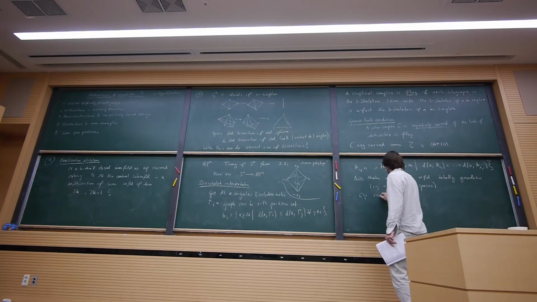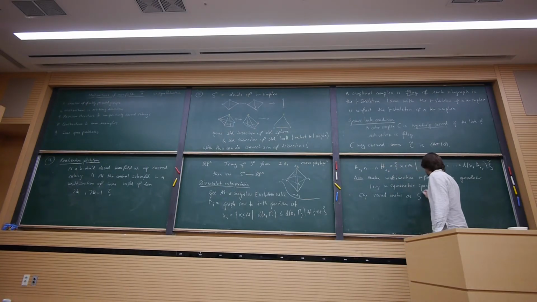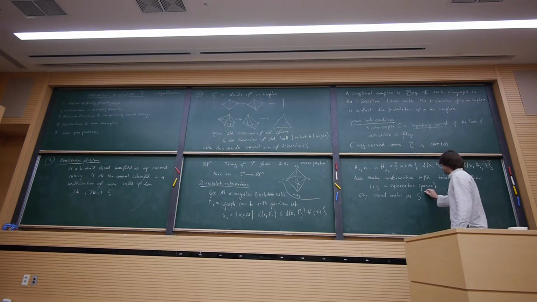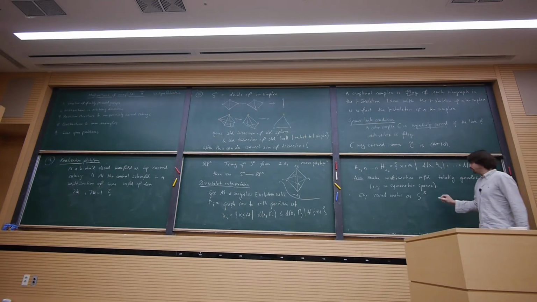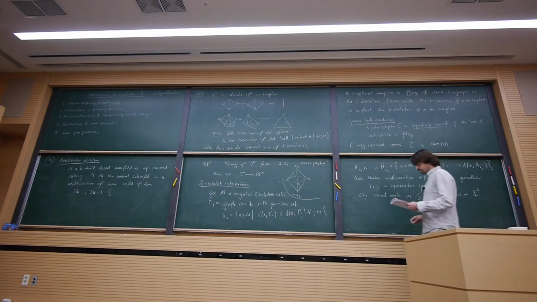So take the round metric on S5. Now think of this as the unit sphere in C3. Yeah, and so now you can take three circles.